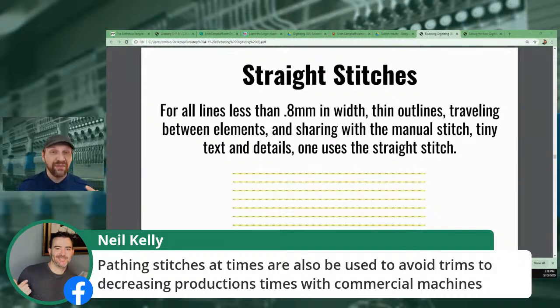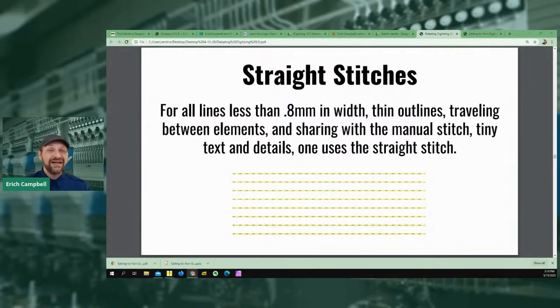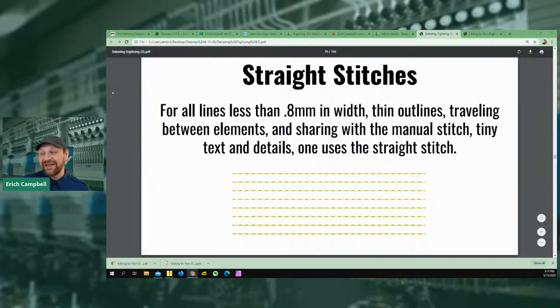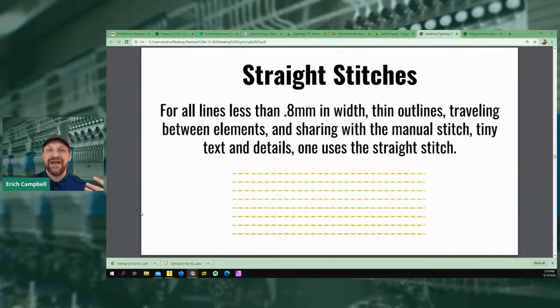That's the one that Embroidery uses, run when jumps are small, means that you can say under a certain level, you want the design to go ahead and run running stitches, pathing, or travel stitches instead of a jump. You can actually set that up, and that's to avoid trims and decrease, because it really does decrease production times. Trimming is slow. Traveling with the needle up is incredibly slow. So running stitches instead are incredibly fast comparatively. And like I said, you have less likelihood to have something pull out or have a thread break.